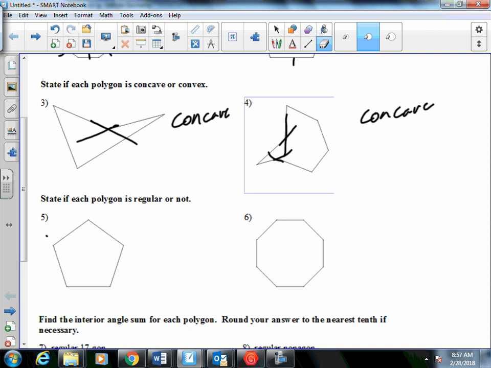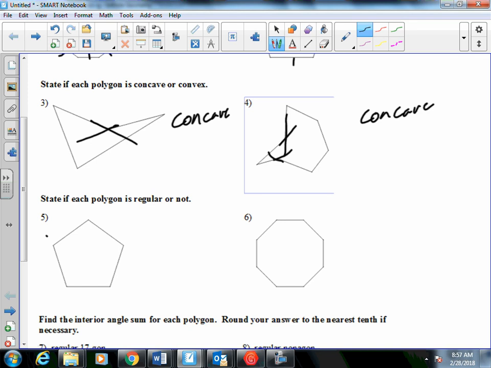All right. So number 5 and 6, state if each polygon is regular or not. And regular means that they are equilateral and equiangular. So all the angles are the same and all the sides are the same length, which we're just doing by looking here, and it appears that all the sides are the same length, all the angles look the same.